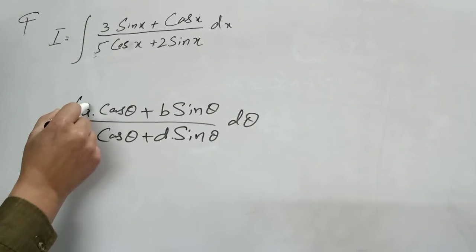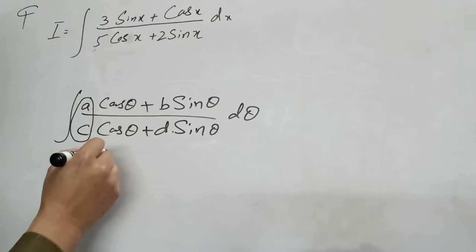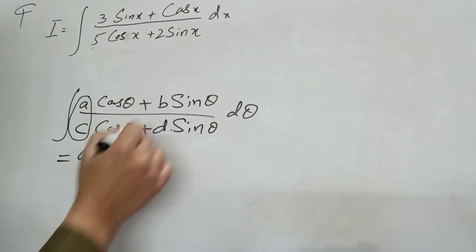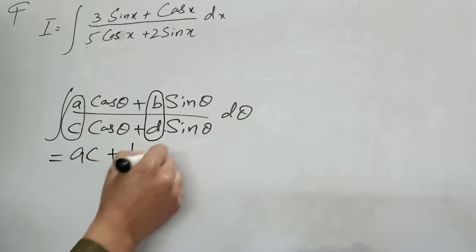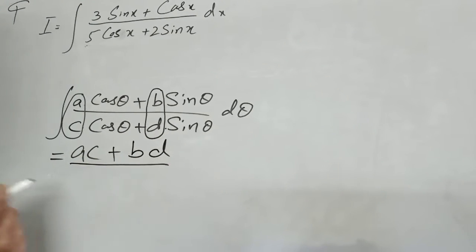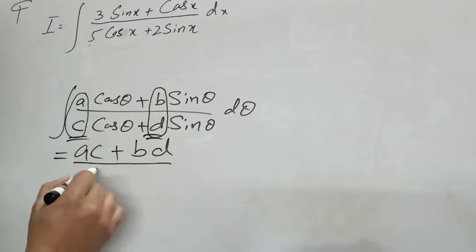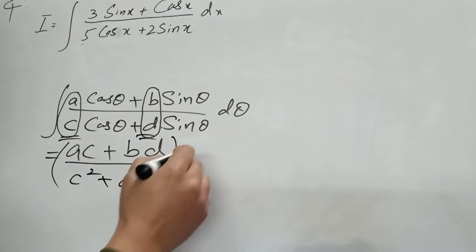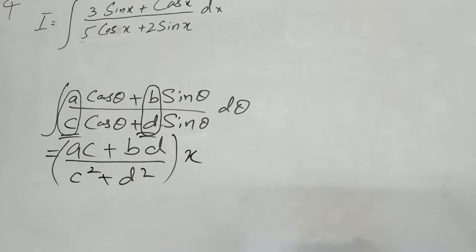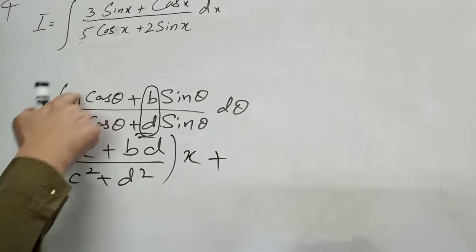First of all, you will multiply these coefficients AC and then add the product of these two constants b and d, and then divide this value by the sum of squares, c square plus d square. Multiply this value with variable x, then add.